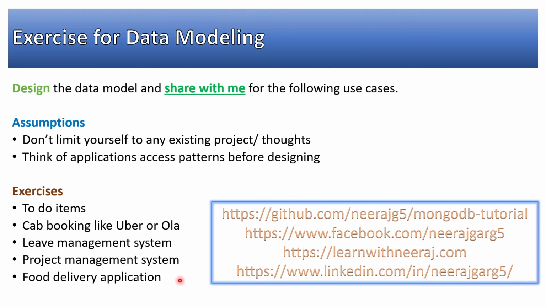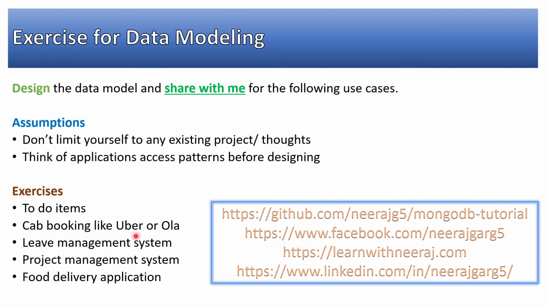All of these are independent of each other. To-do items: create an item, list all the items, change an item, update an item, all those things along with time, along with the user who has created it, with reminder, when the reminder was sent.